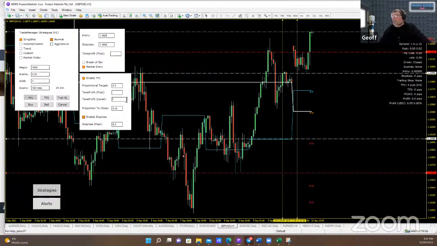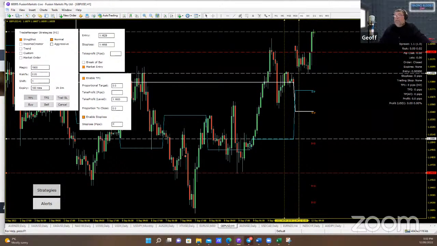It is at 116.00. And we don't take anything off the table at that point. We simply move our stops to entry. So it's a bit of a misnomer, the TP1 bit. All we're doing is moving our stops to entry and making this a free trade.